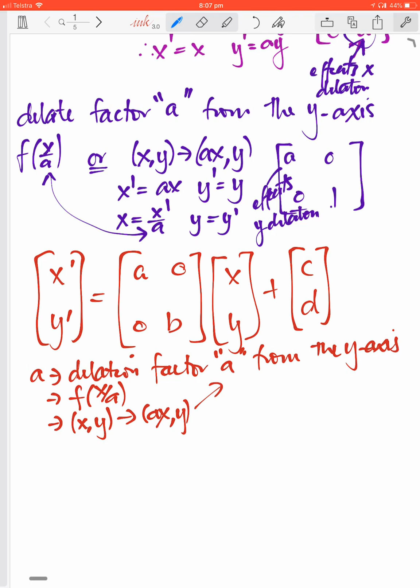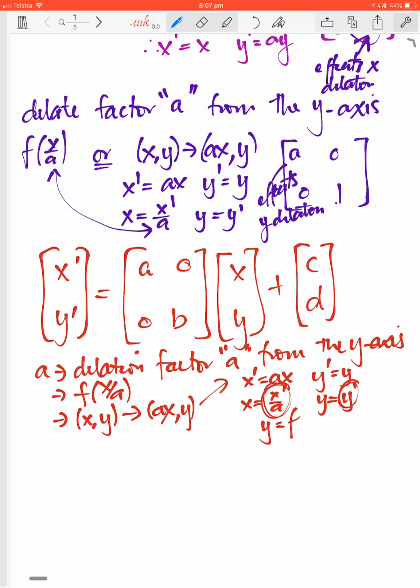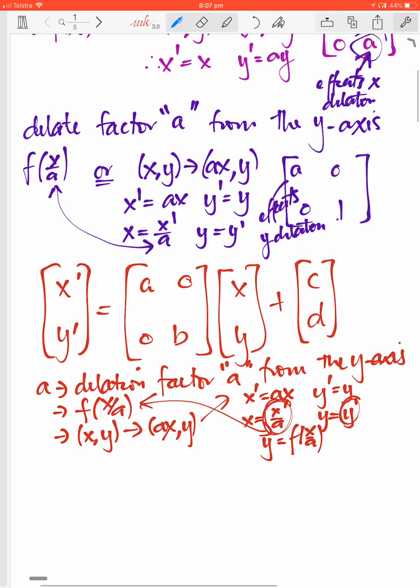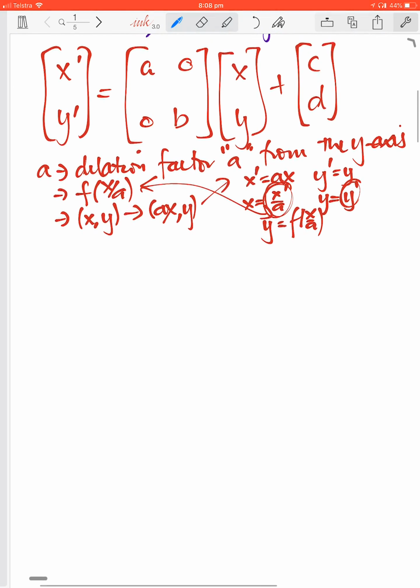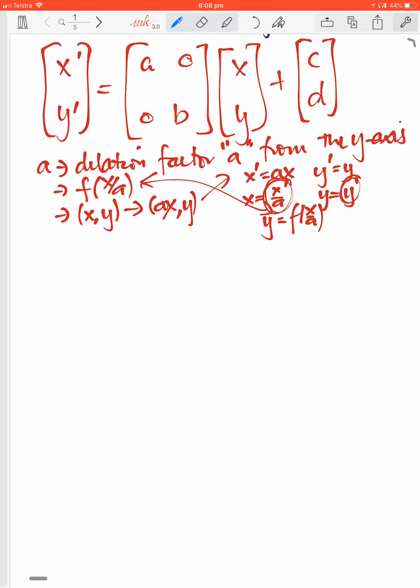If we want to write that in terms of image equations, we say x dash is ax, y dash is y. So we get x equals x dash on A, we get y equals y dash. And of course we now replace our x's with x on A and our y's with y. So that's why we get y equals f of x on A. In terms of function notation, they click together. And of course, we just said that that's a dilation factor A from the y-axis.